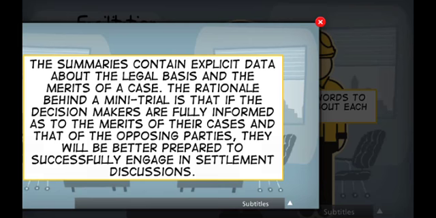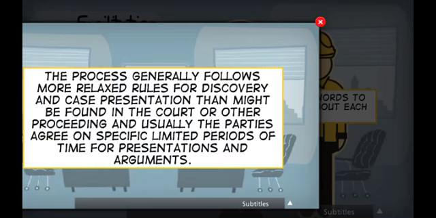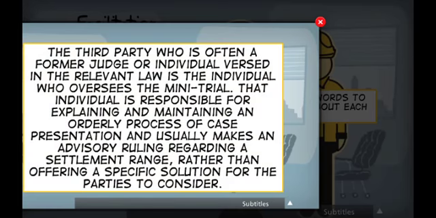The process generally follows more relaxed rules for discovery and case presentation than might be found in the court or other proceeding, and usually the parties agree on specific limited periods of time for presentations and arguments. The third party, who is often a former judge or individual versed in the relevant law, is the individual who oversees the mini-trial.